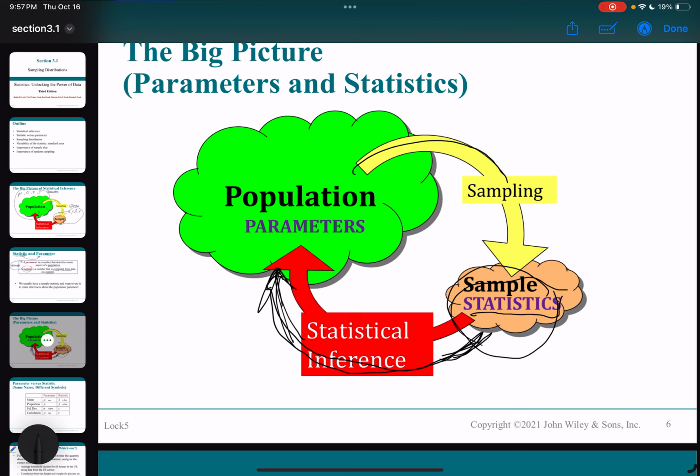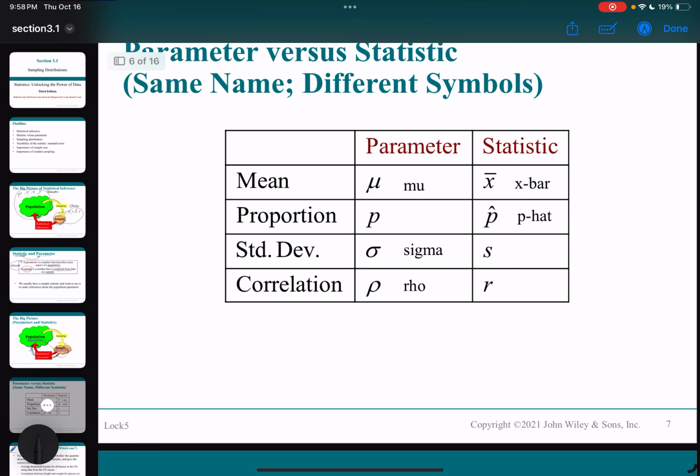We simply estimate parameters using these statistics. That's how we make the conclusion. I have clearly mentioned the parameters and statistics based on the measurements we used in the class: mean, proportion, standard deviation, correlation for the population and the sample.